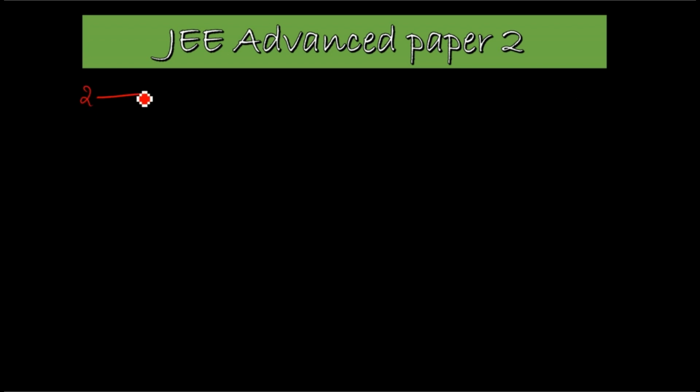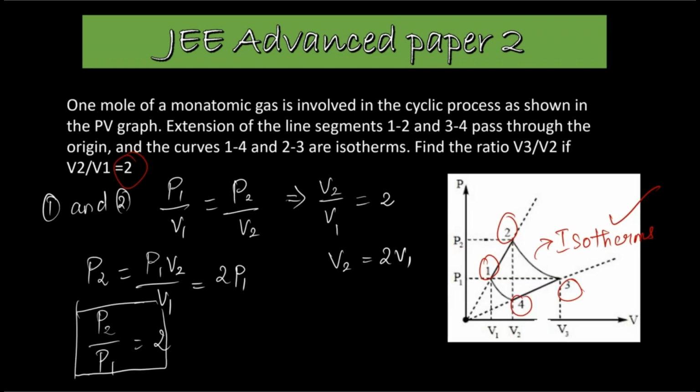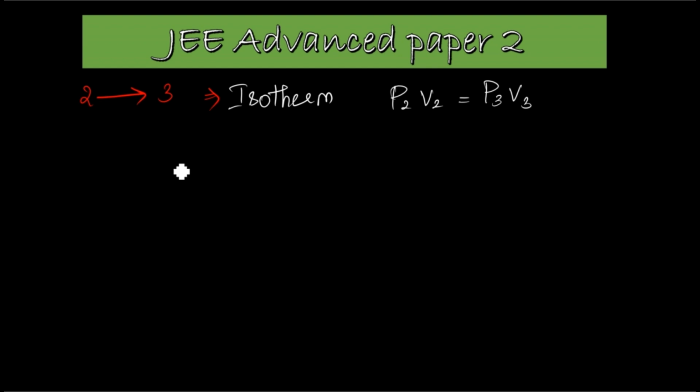Next, 2 to 3, which is again an isotherm they have mentioned. So that is an isotherm. Fine. So P2V2 is equal to P3V3. Just look at the curve over here, 2 and 3 I am talking about. Okay. So 2P1, I am going to substitute these values, 2V1 equal to P3V3.